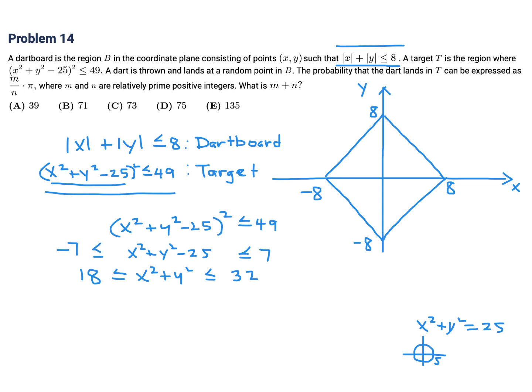So that means the circle x squared plus y squared has got to be between a radius of root 32 and root 18.